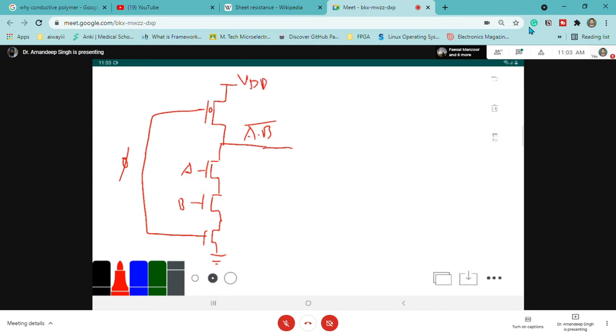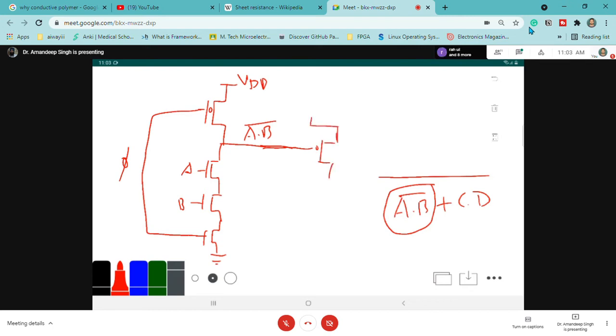Further we need to multiply it with, no, it will be addition, addition with C into D. So this we got. Now it will be addition with CD, and then further it will be bar because we have taken the bar. So this will be fed to PMOS.